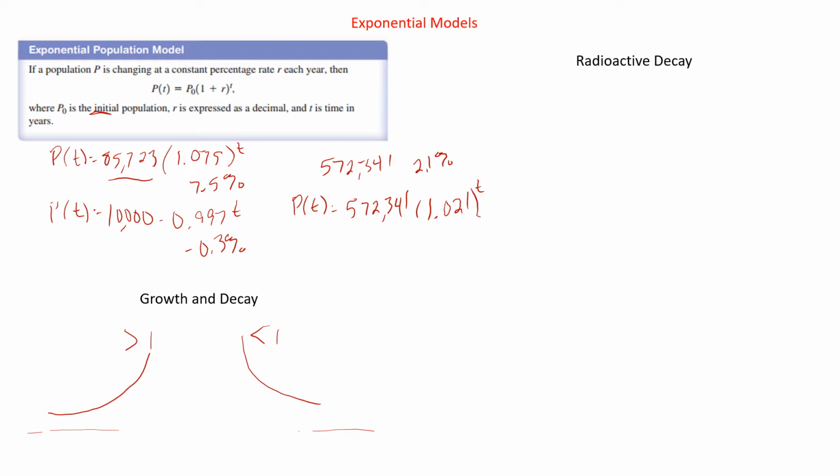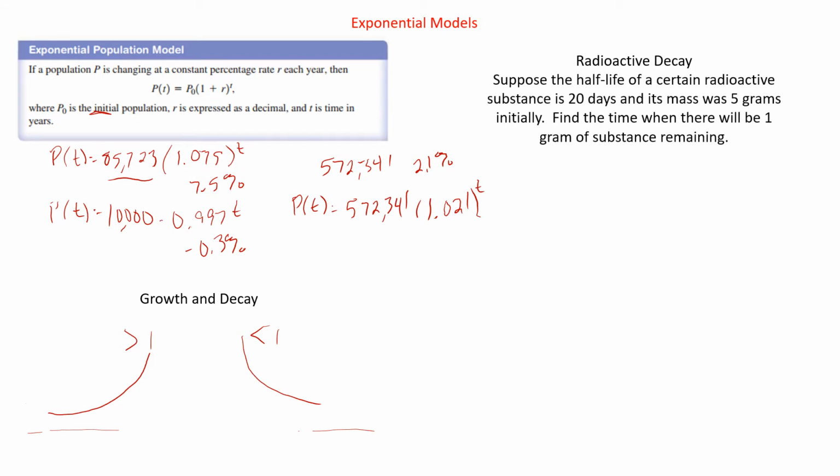We have radioactive decay as well. Now, radioactive decay is dealing with a half-life. We'll see this more later on in the chapter, but what half-lives are is that for every time period, you get half of something. So, for instance, if a certain radioactive substance has a half-life of 20 days, and its mass was 5 grams initially, that means at time 0, we have 5 grams.